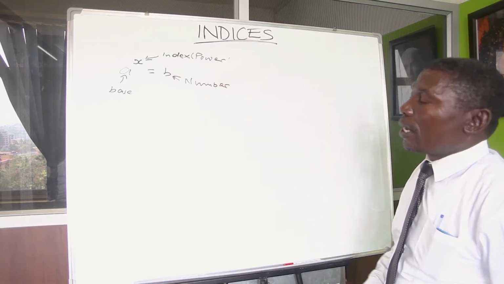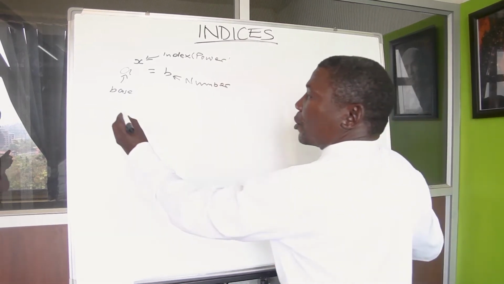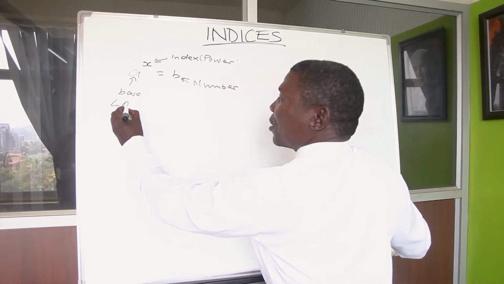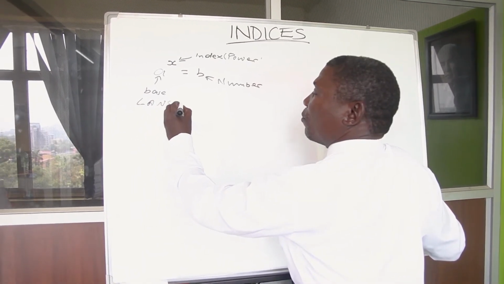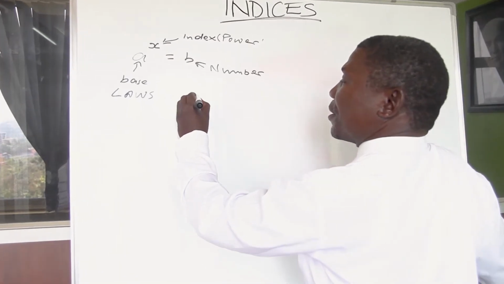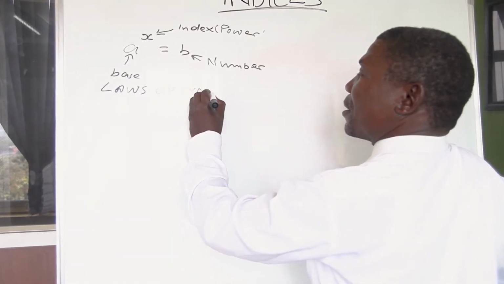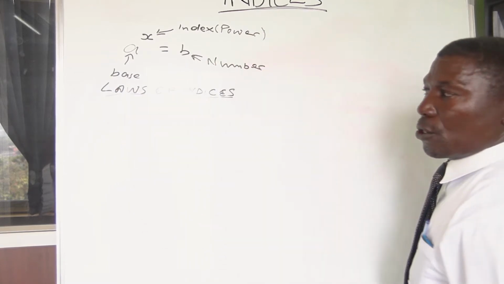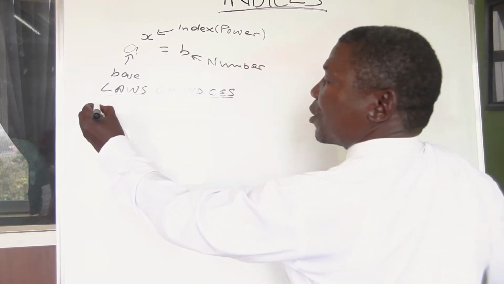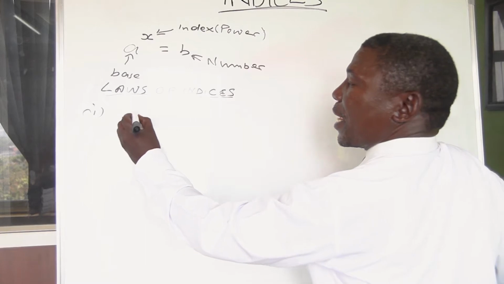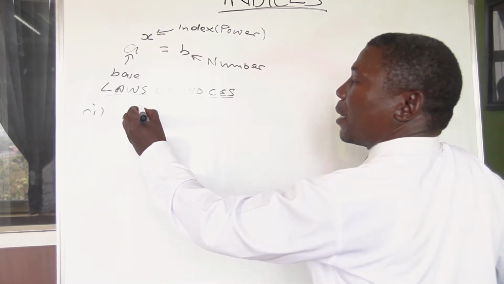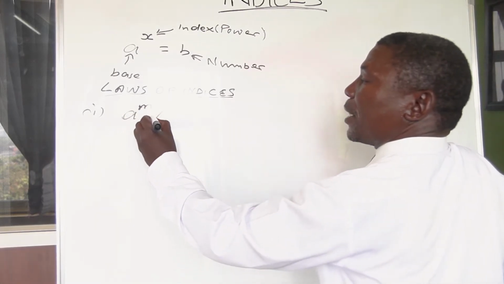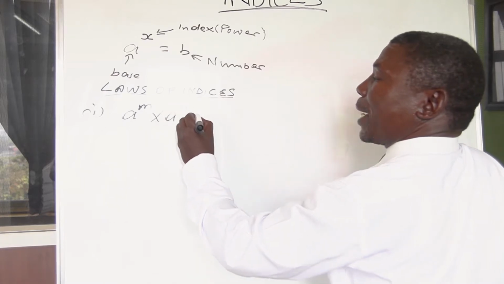Now, I'll go straight away to the laws of indices. The first law is a power m times a power n.